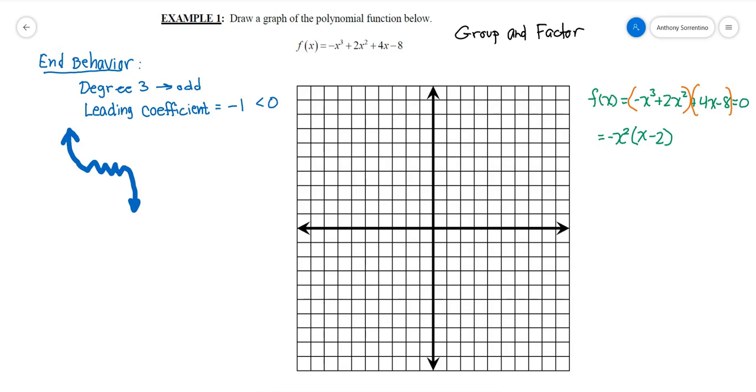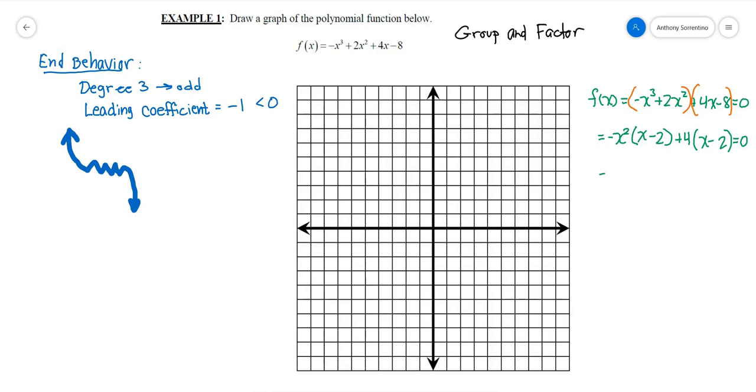When I factor the second group, one, I want to factor something out of both terms. And two, I'd like to have that quantity of x minus 2 happen again. And it happens to work here. If I factor out a positive 4, I do end up with x minus 2 in here. Because 4 times x is 4x. 4 times negative 2 is a minus 8.